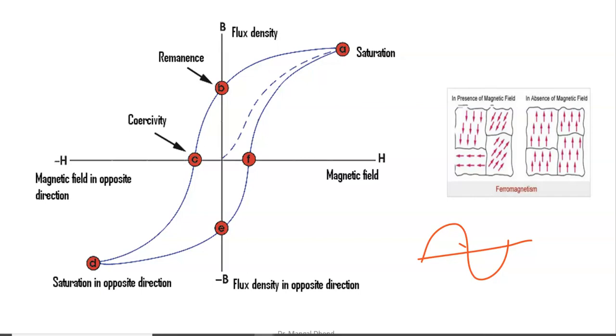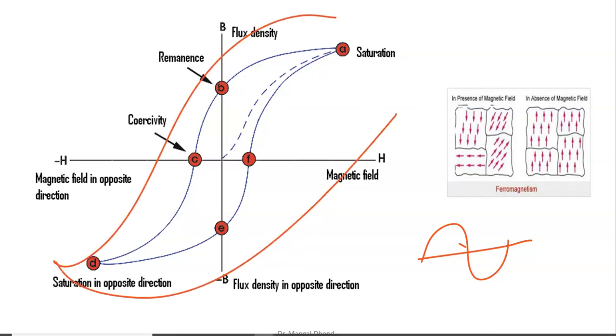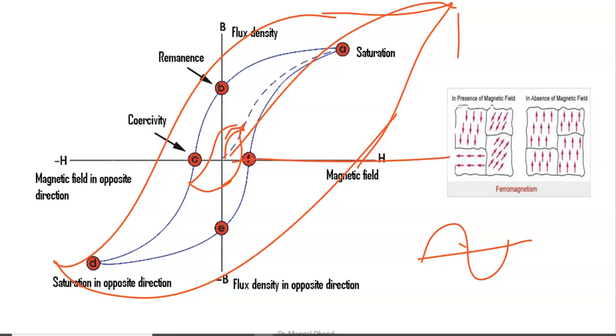So if the hysteresis loop is large, that means loss is large. If the hysteresis loop is small, loss is small. Because when the loop is small, the material is magnetized immediately and demagnetized immediately. But if it is large, the material will be magnetized to a higher value, but with a lot of magnetizing force.